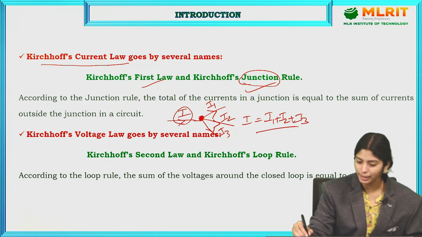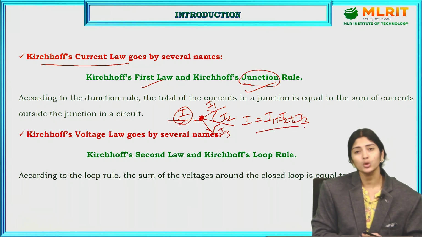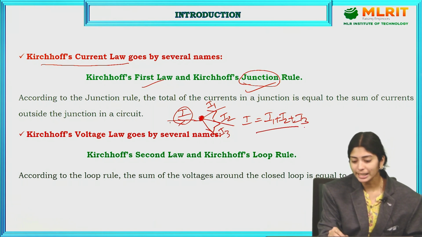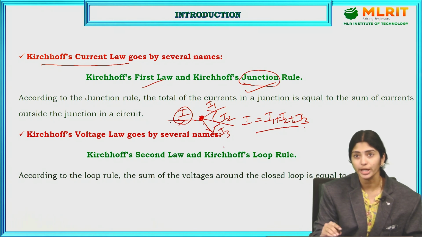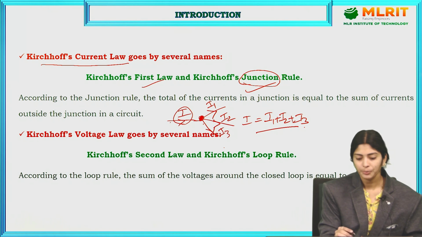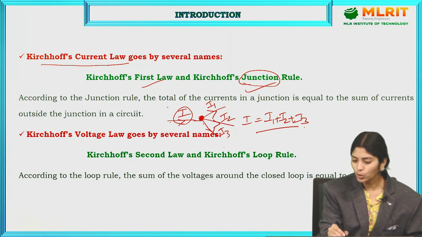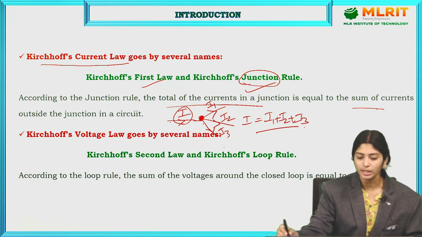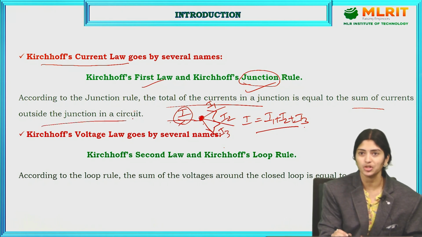The total current entering this node is equal to the sum of the total currents going outside the node. So according to the junction rule, the total current into a junction is equal to the sum of the currents outside the junction in a circuit.